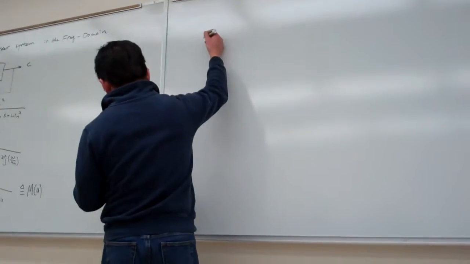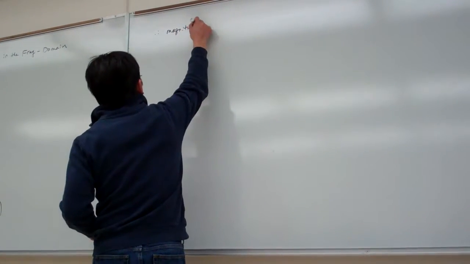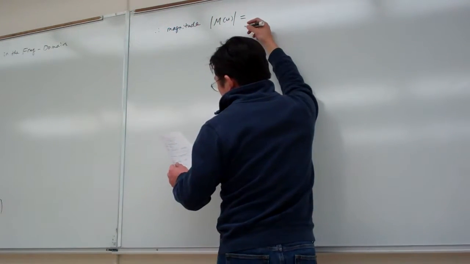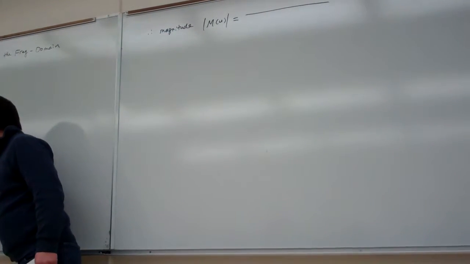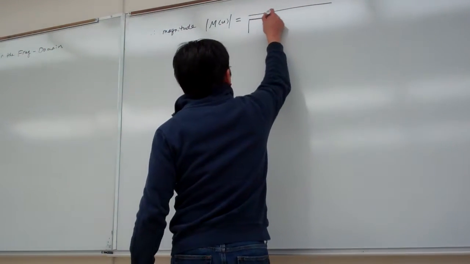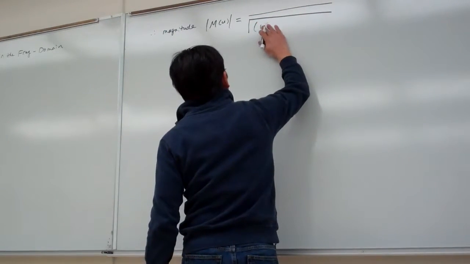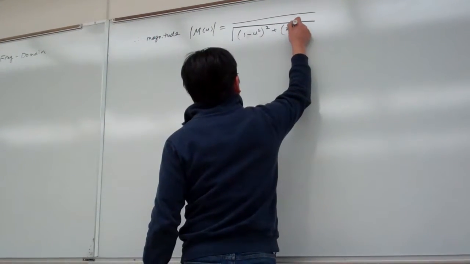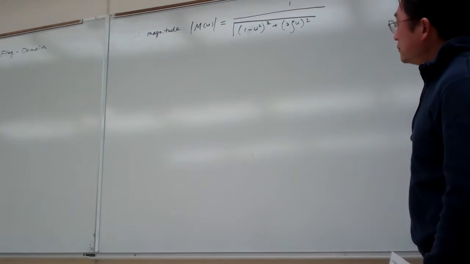So the magnitude. That will be the magnitude of this. This is a complex number, and it is a function of omega or u. So the magnitude will be the square root of the real part squared plus the imaginary part squared, depending on these things here. Okay.